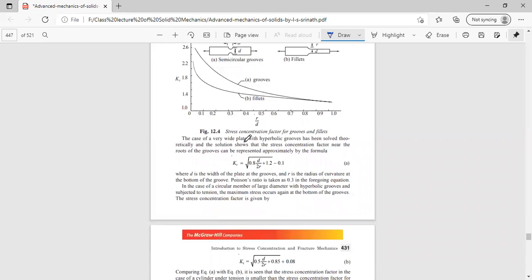Now, in case of a very wide plate with hyperbolical grooves, the grooves may not be circular itself, may be hyperbolical in nature, like a hyperbola.